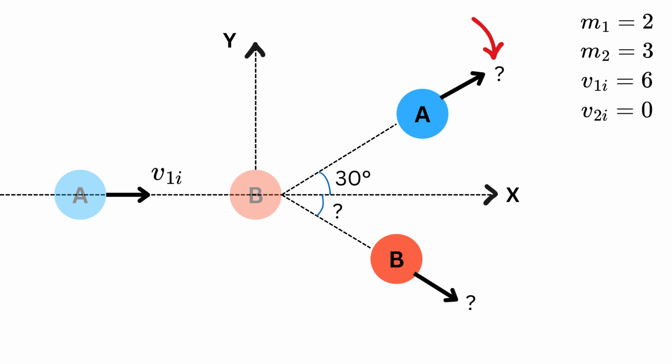Call the unknown final speed of ball A as v1f, and the unknown final speed of ball B as v2f. Then call the direction of ball A after collision as theta, which is given as 30 degrees above the axis, and call the direction of ball B after collision as phi like this.